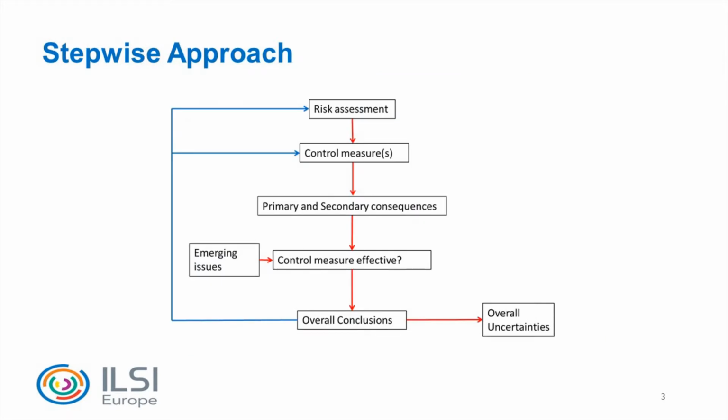The ILSI task force developed a stepwise approach to assess the effectiveness of dietary exposure assessment. The framework starts with the risk assessment process and the need to understand both the outcome of the assessment and the uncertainties in the data supporting the conclusions from the risk assessment.